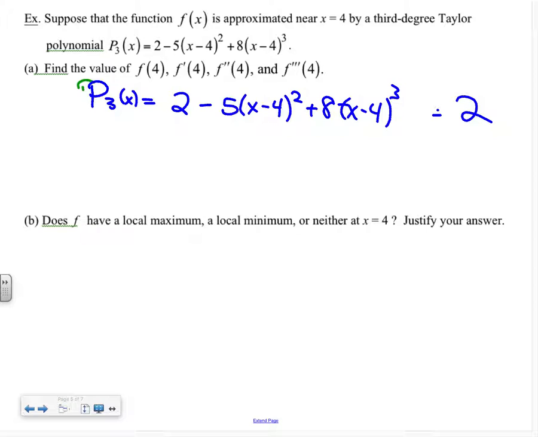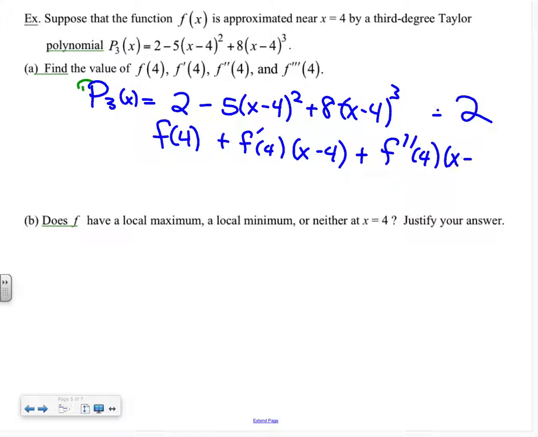The definition: P3 of 4 would be f of 4 plus f prime of 4 times x minus 4. The next term would be f double prime of 4 times x minus 4 squared divided by 2 factorial. Remember all the factorials on the bottom?